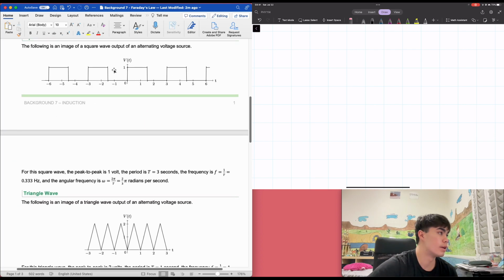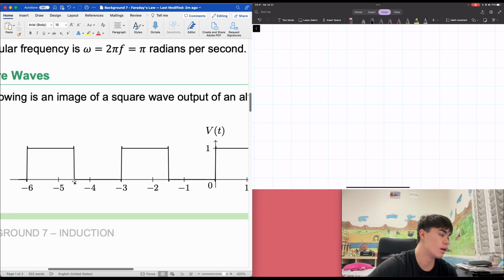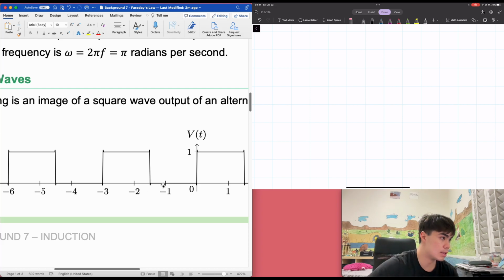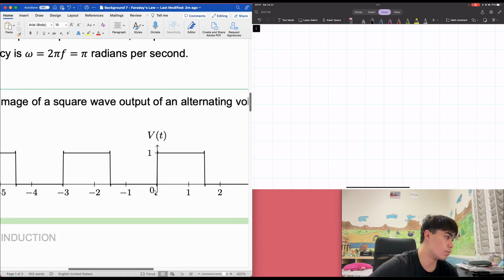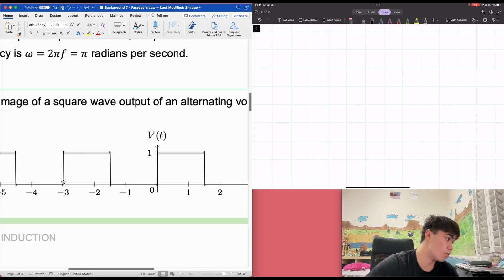Here we have a square wave. The peak to peak is 1 volt. You can see that because the lowest point is 0 and the highest point is 1, so it's 1 volt. The period is 3 seconds because it takes 3 seconds to do a full oscillation. An oscillation includes the up and the down, and so one whole oscillation happens over 3 seconds.